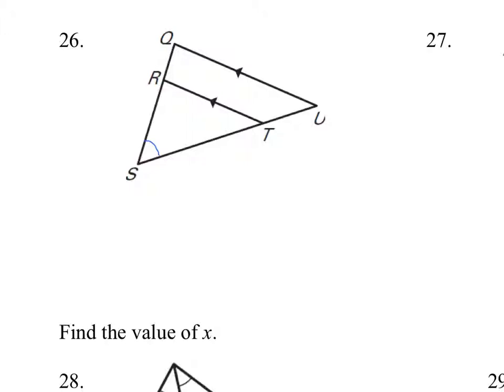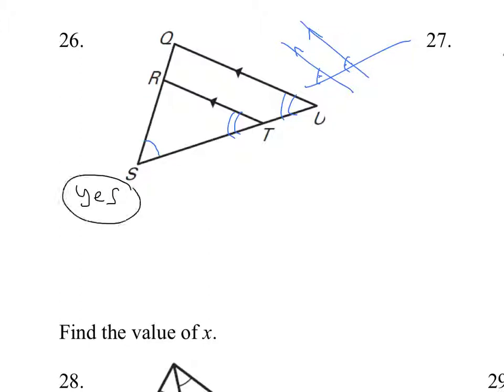And the fact that these are parallel lines tells us that these two angles, for instance, would be congruent because they're corresponding. It's our old situation of two parallel lines cut by a transversal. Well, these angles here and here are corresponding, and they're going to be congruent to each other. So, yes, these are congruent.